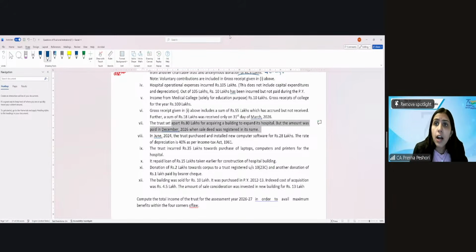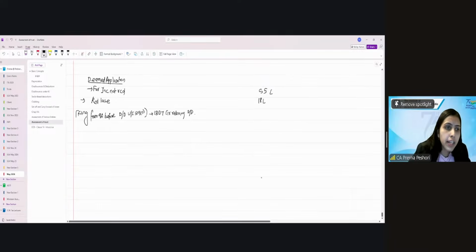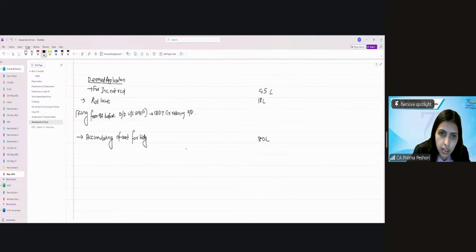But here you can accumulate it for the purposes of purchase of building in this year by exercising the option. Right? So you can write here again deemed application through the accumulation of amount for building 80 lakhs by filing form 10 before again the due date under 139(1).